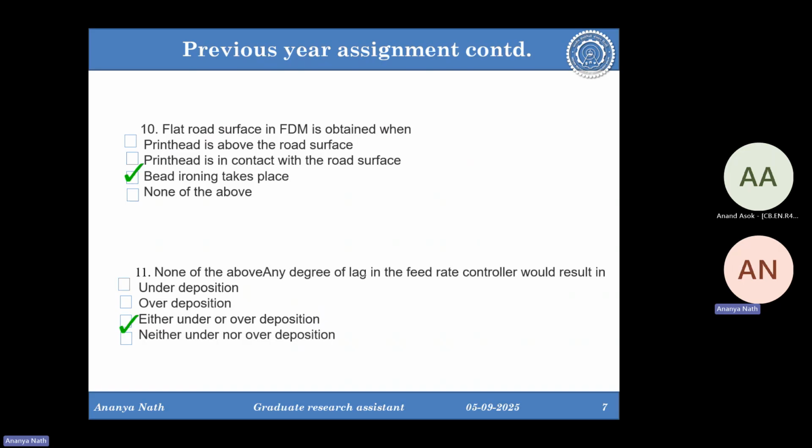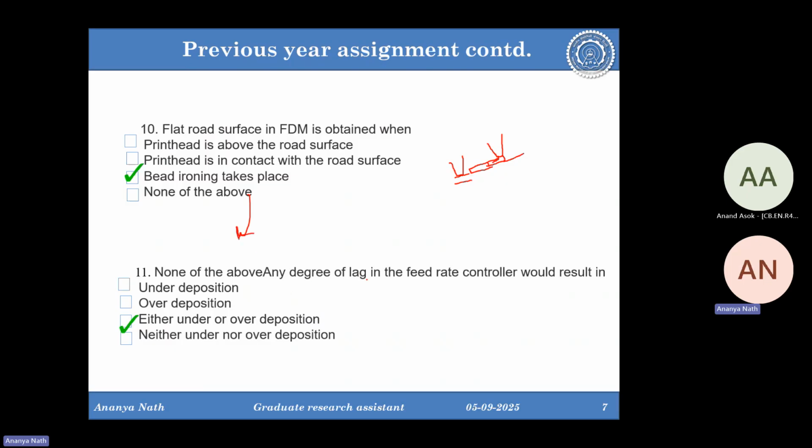Bead ironing is when you put the nozzle at the layer thickness height, so that as soon as the material is coming out, it is already getting deposited and your bead is also getting ironed by your print head or print nozzle. So it will be flat. None of the other options apply, so this option is the answer.